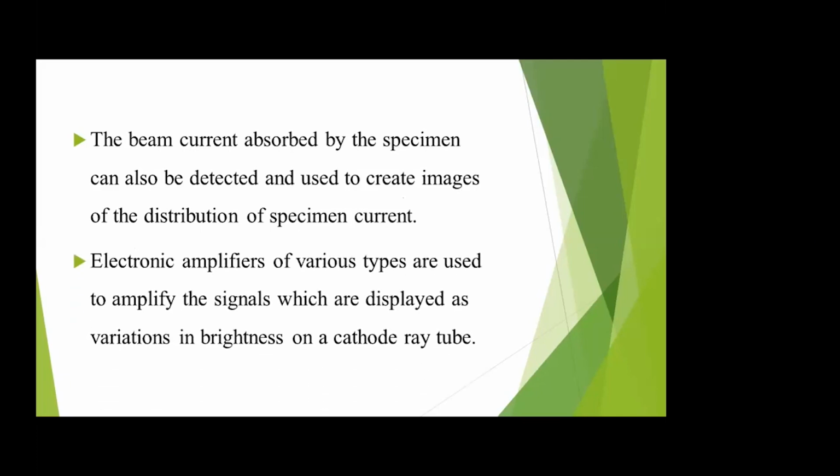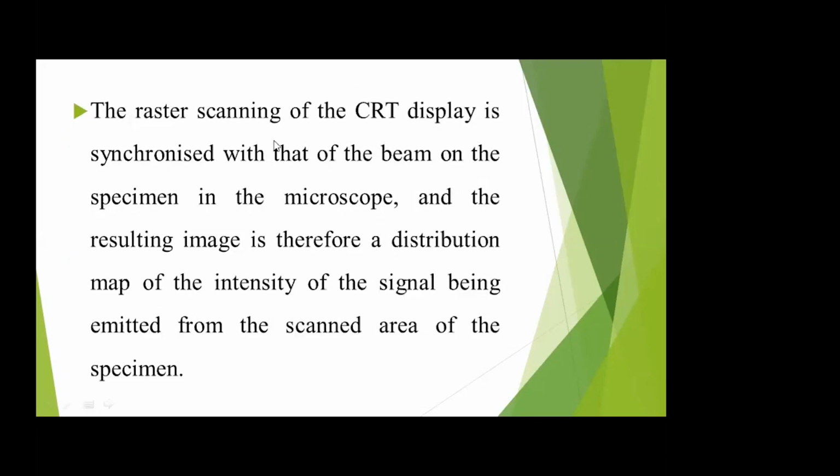Electronic amplifiers of various types are used in this instrument, and these amplifiers amplify the signals which are displayed as variations in brightness on a CRT, that is cathode ray tube. The raster scanning of the CRT display is synchronized with that of the beam on the specimen in the microscope, and the resulting image is therefore a distribution map of the intensity of the signal being emitted from the scanned area of the sample or specimen.